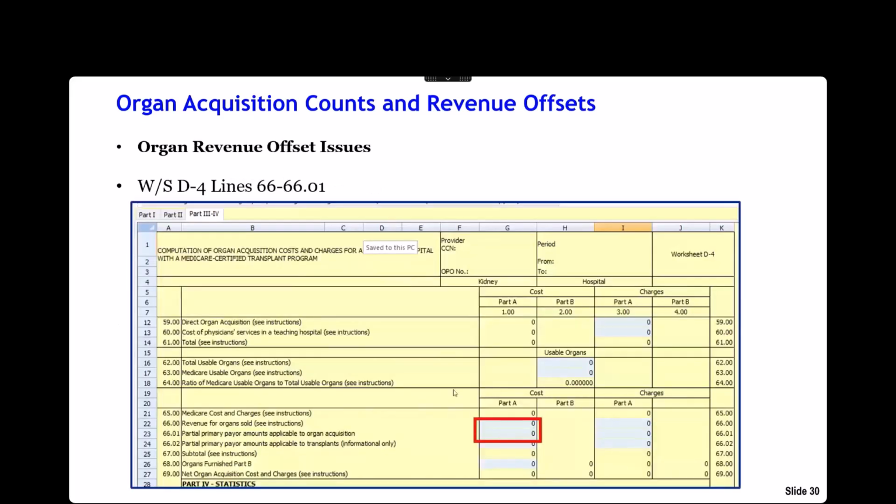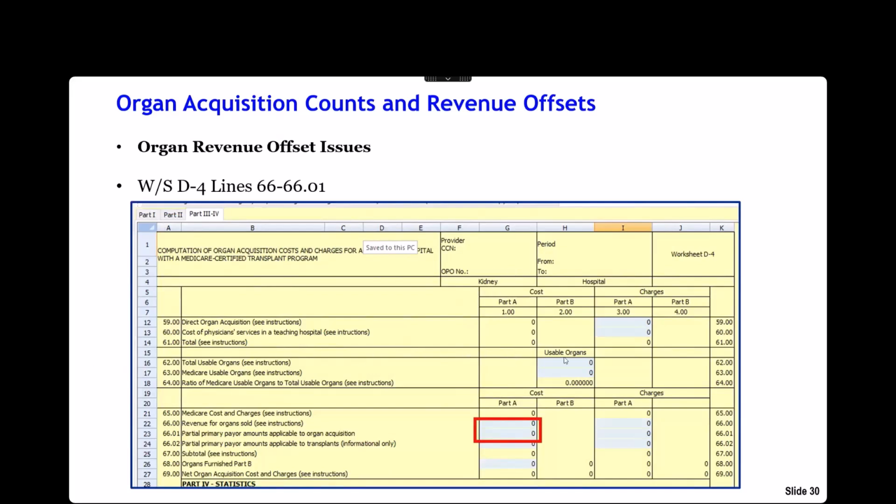Now moving on to the revenue offset issues. So we talked about cost. I said very briefly, if you look at the top of D-4, and there are a couple of other parts of D-4 that are building up to this point to get you to the total allowable cost for that particular type of organ.